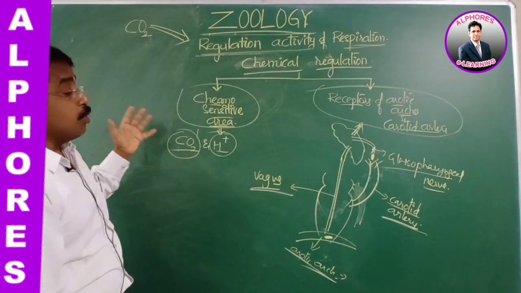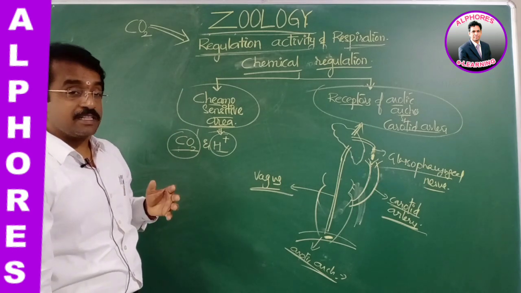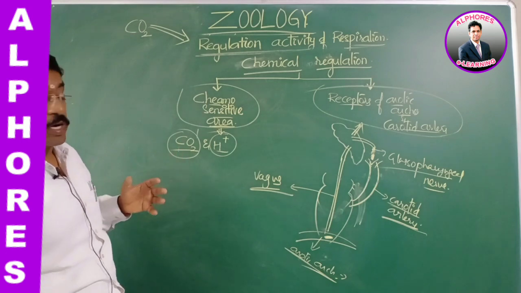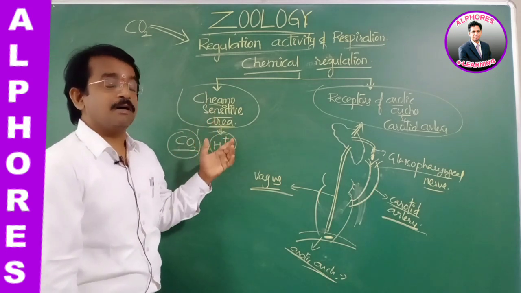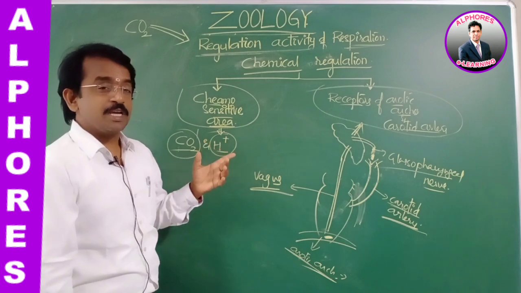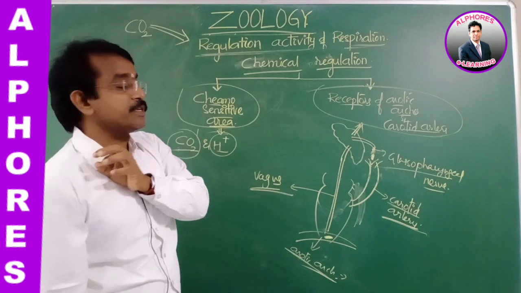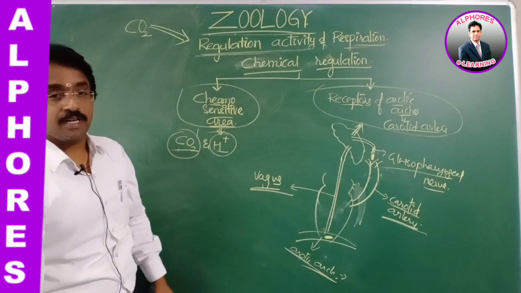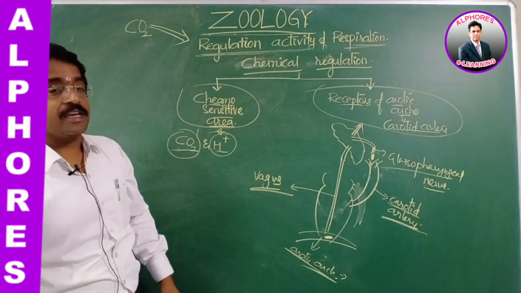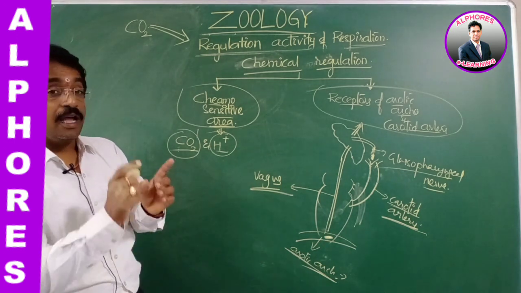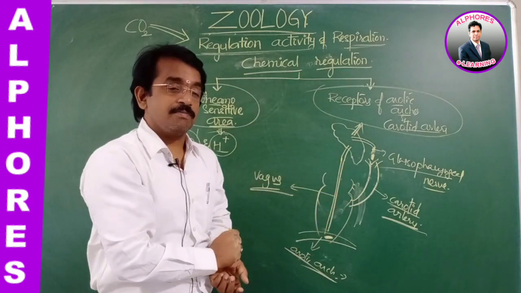And the Bohr effect as well as the Haldane effect we have seen. Bohr effect is the effect of CO2 and H plus on the association of oxygen with hemoglobin, which means the dissociation of oxyhemoglobin takes place because of CO2 and H plus. So the effect of CO2 and H plus on oxygen carrying capacity promotes the transport of O2 to the tissues.